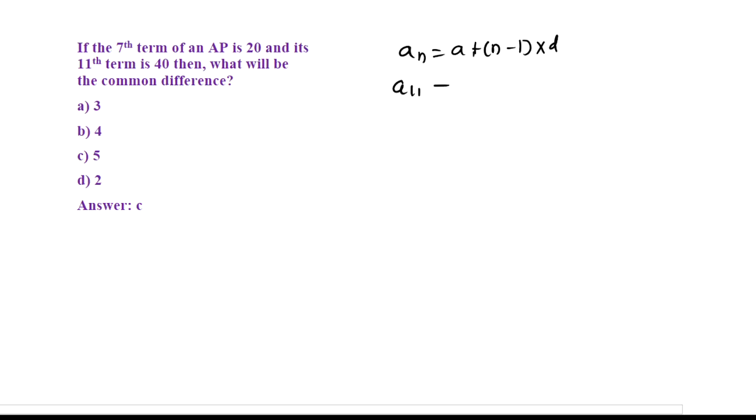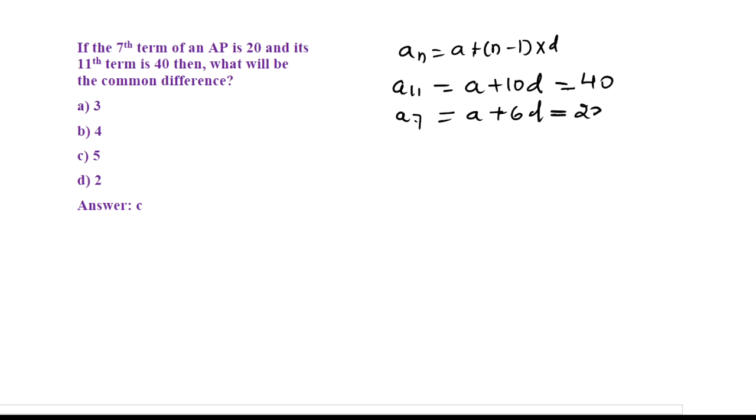That is 11th term. 11th term is nothing but a plus 10d. Right? Which is equal to how much? 11th term is 40. 7th term, a7, is nothing but a plus 6d, which is how much? 20.